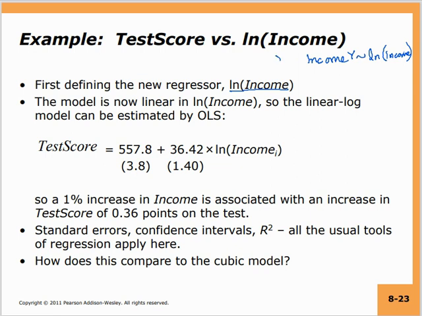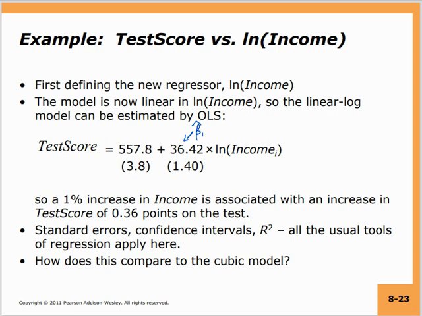When you regress y on log of income, the estimated model that you get is: beta 0 hat is 557.8, plus 36.42, which is the beta 1 hat that you are getting as a result of regressing y on log of income. And these are the associated standard errors.